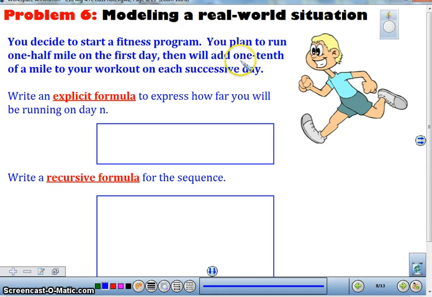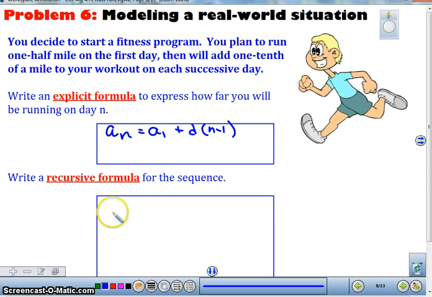If you decide to start a fitness program, you plan to run 1/2 of a mile on the first day and then you add 1/10 of a mile to your workout for each successive day. Write an explicit formula. Now remember, the explicit formula is a sub n. What does it look like? We have our first term plus the common difference times n minus 1.